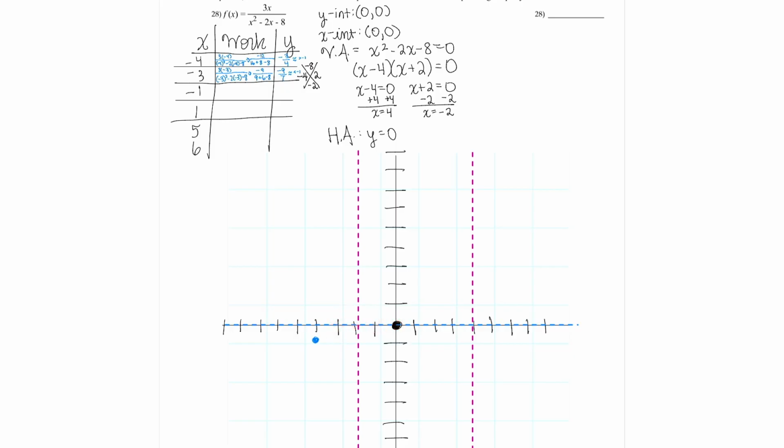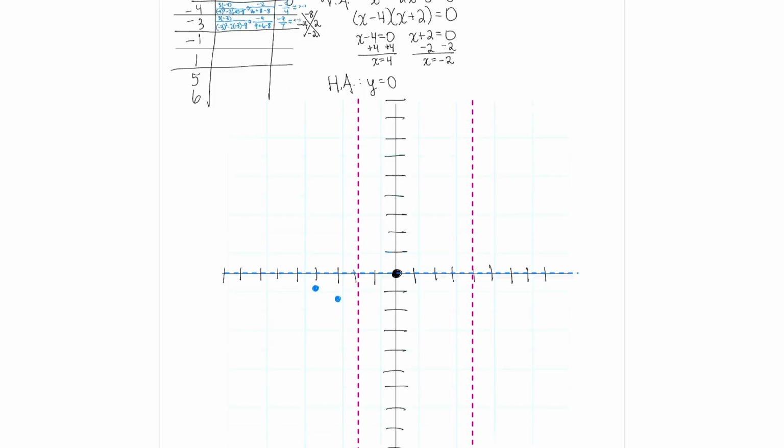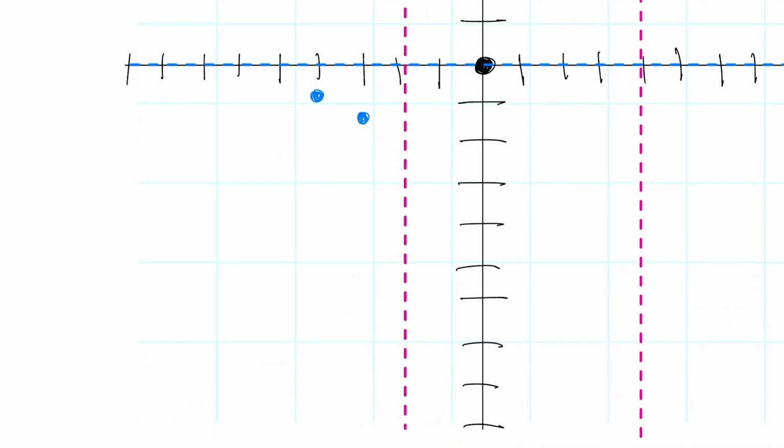Okay, so we're going to be about there. Since our asymptote goes across the x-axis there, this is going to be the first part of our graph. And it's going to look something like this.